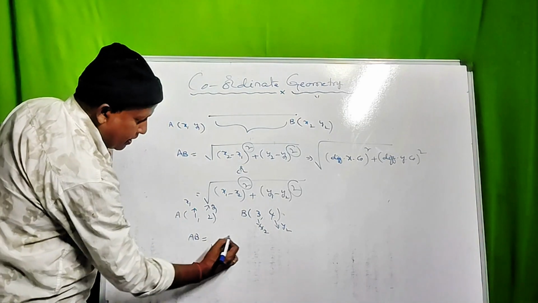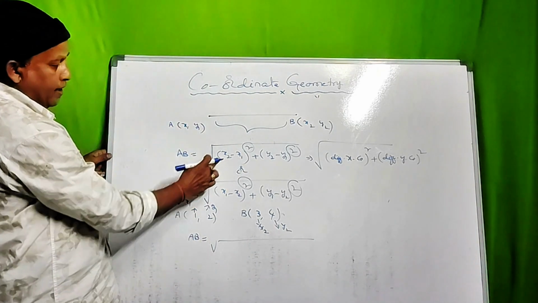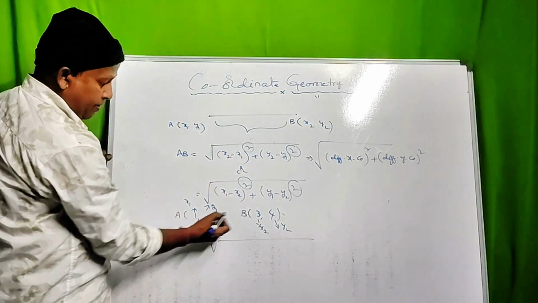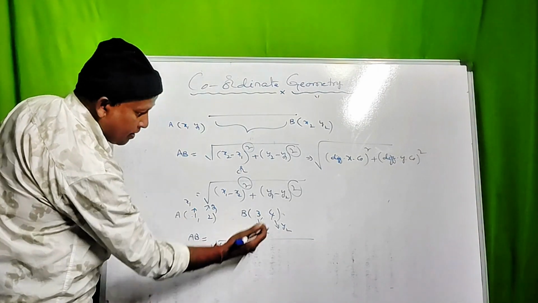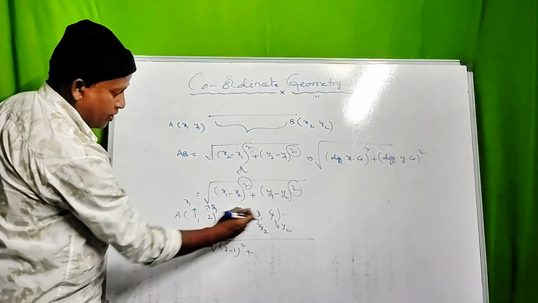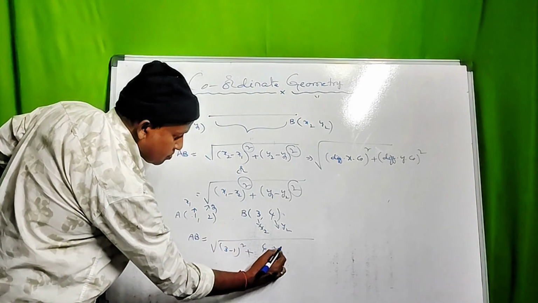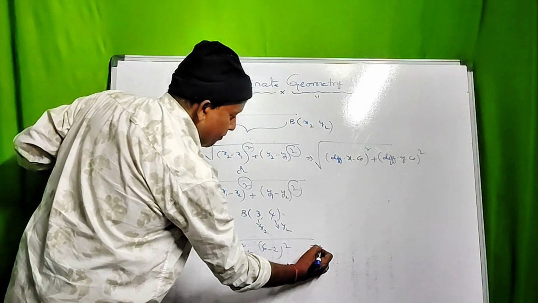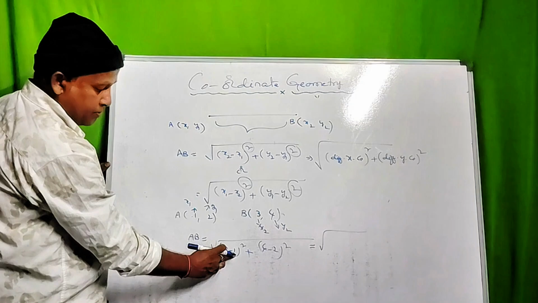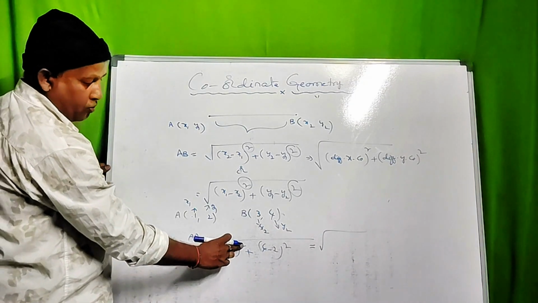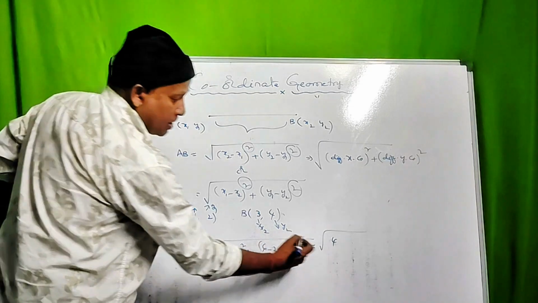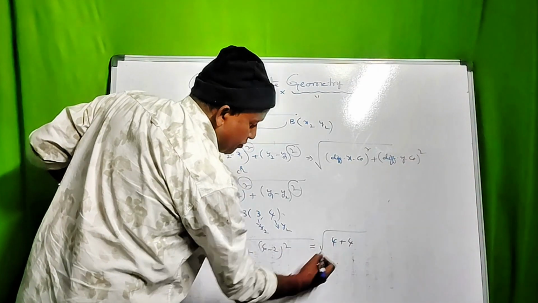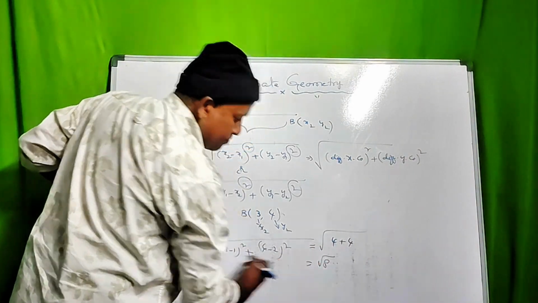So AB equals the square root of (x2 minus x1), which is 3 minus 1, plus (y2 minus y1), which is 4 minus 2. 3 minus 1 is 2, and 2 squared is 4. 4 minus 2 is 2, and 2 squared is 4. 4 plus 4 is 8, so the root of 8.